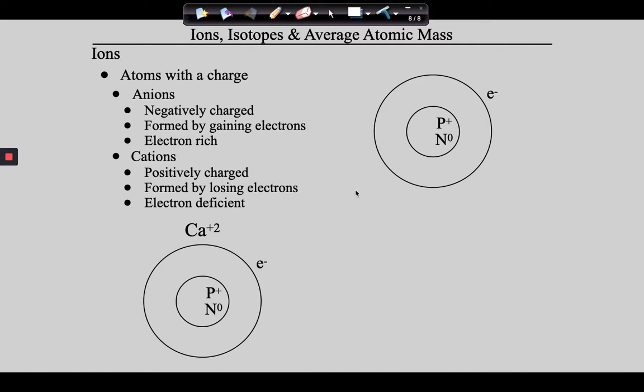Some of you are realizing this is not drawn to scale, because if it was, the nucleus would be the size of a marble and the electron cloud would be the size of a football stadium. That's a whole other thought. But guys, for calcium with a +2 charge, please write in the number of protons, neutrons, and electrons for a calcium atom.